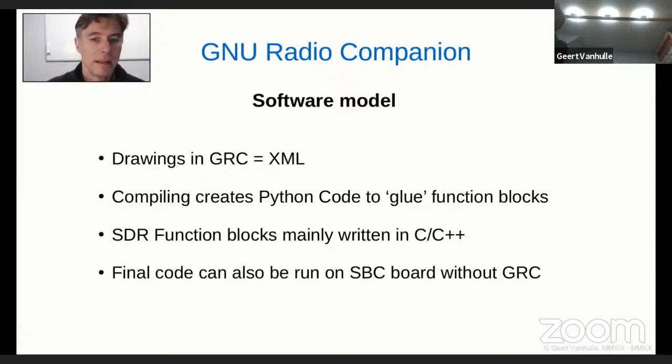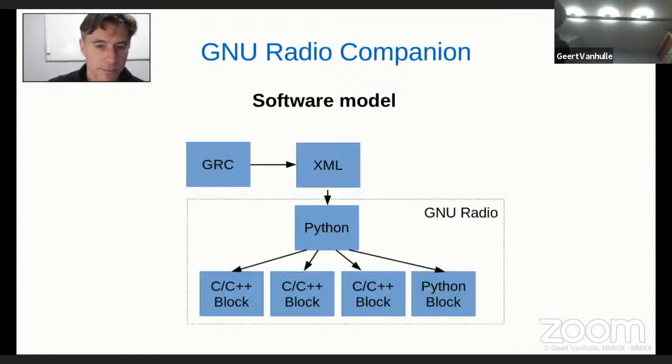All we need is the C, C++ libraries and the Python code that is already compiled here. Because we also used compiled Python. And compiled Python is faster than regular Python, the interpreter version. So in GNU Radio, there is the compiled version of Python code being used.